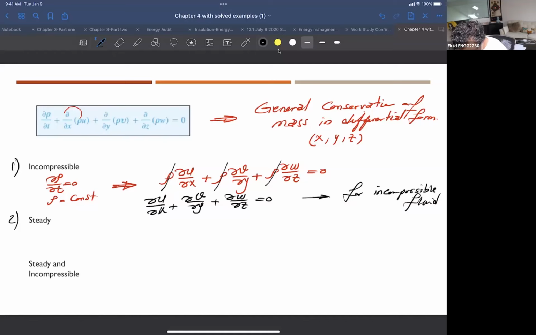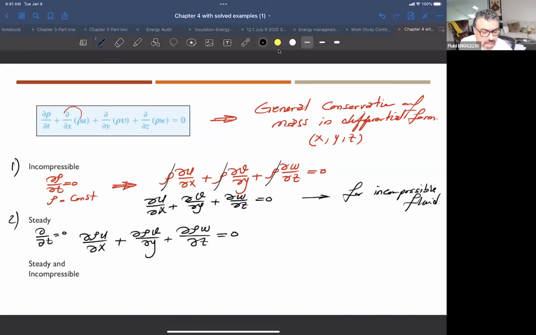So steady means d by dt is 0, which means d rho u by dx plus d rho v by dy plus d rho w by dz is equal to 0. I cannot take rho outside of the derivative because this is only for steady, so density can be variable as well. So we have to keep in mind what we mean by incompressible versus what we mean by steady. So this is different.